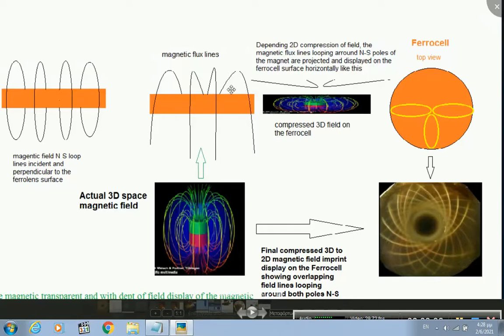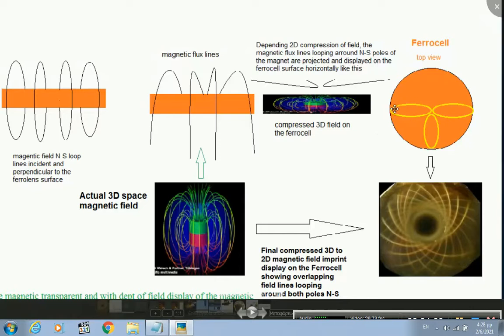So now these lines are not going vertically in, but are lying horizontally. If you do this, the loops now, the magnetic loops we have previously shown, because of the magnetic transparency, we can see both poles, the flux going through both poles and looping around the magnet in a ferrocell display.